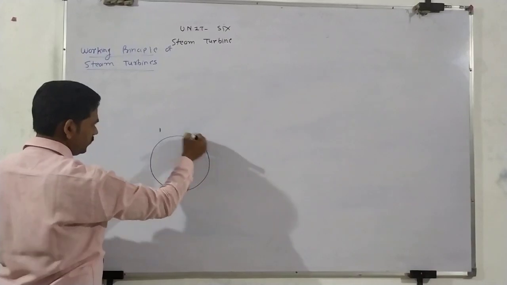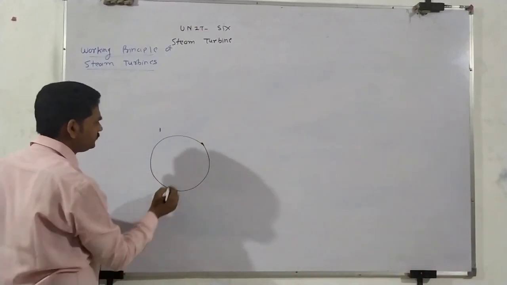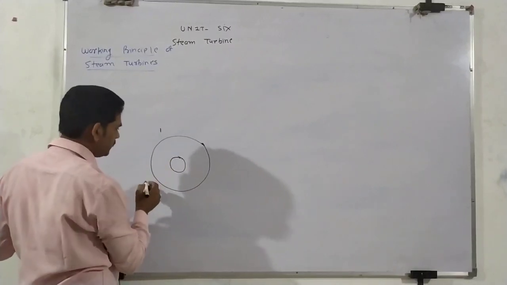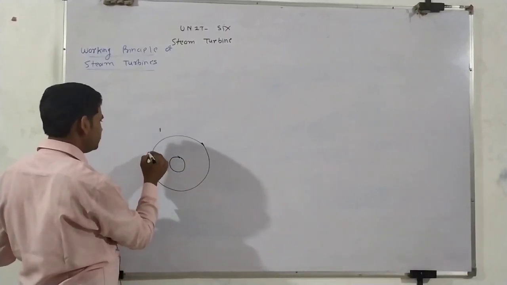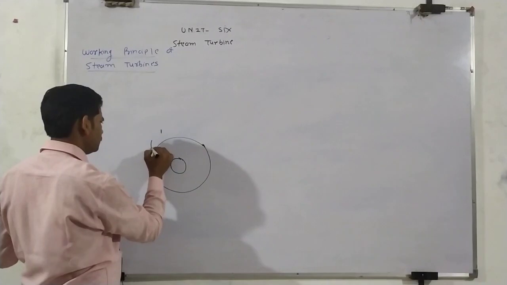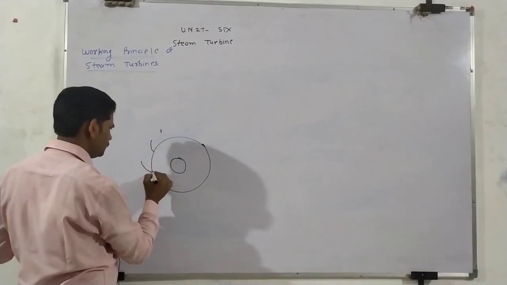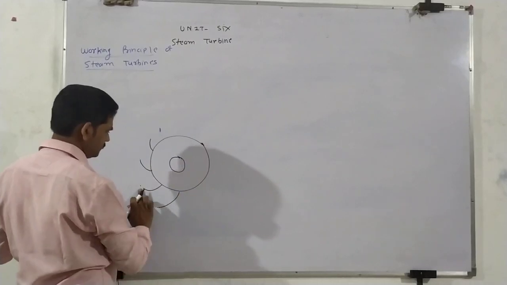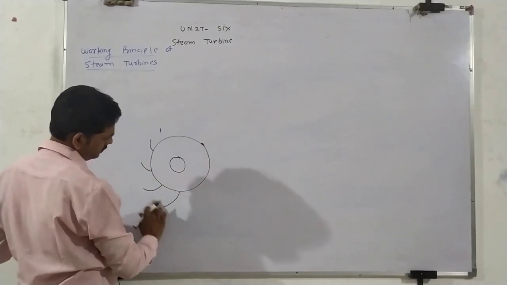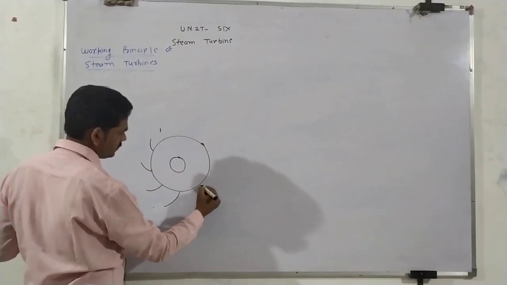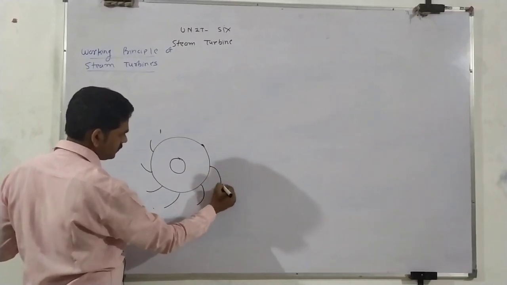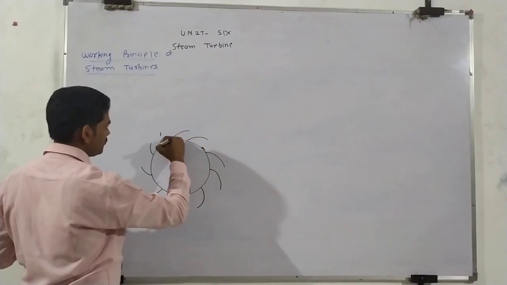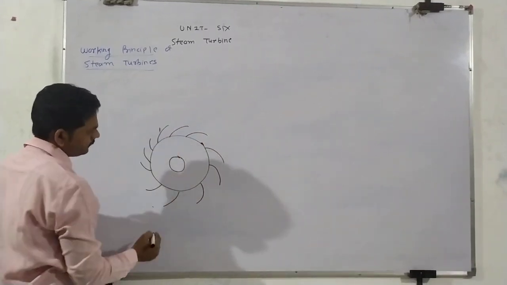For our understanding, this is the turbine. After considering the turbine, there will be blades. Then we know there will be a nozzle.